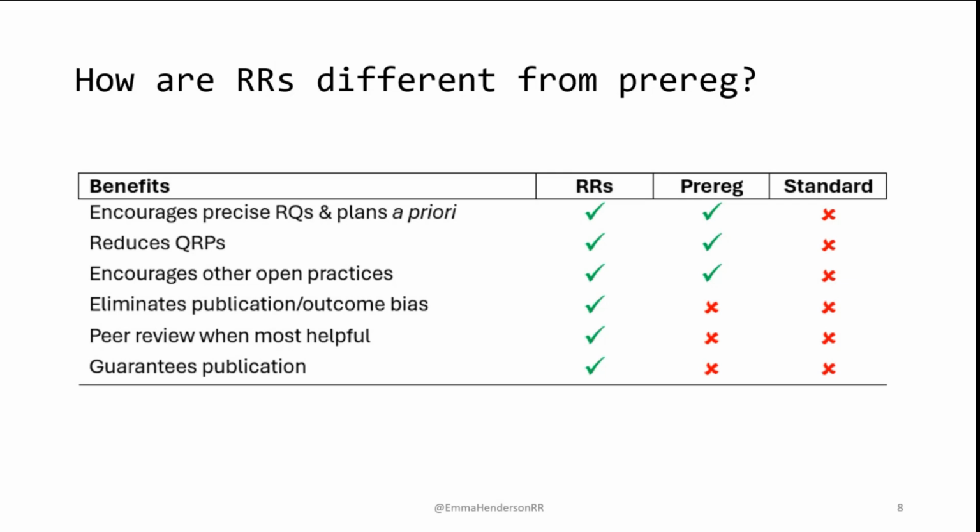So first I'll talk through some of the similarities between registered reports and pre-registration. Both of them encourage you to do planning before you've conducted the study, and hopefully create more precise research questions and hypotheses. I would suggest that registered reports are superior in this respect, because one issue with pre-registration can be that when you're pre-registering the top line details of your study, you may not have thought through all of the details.